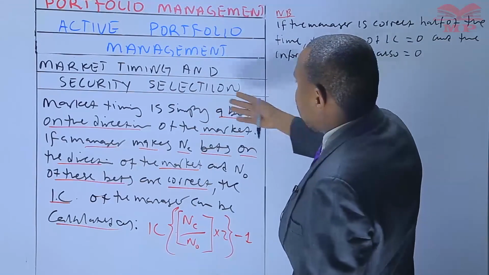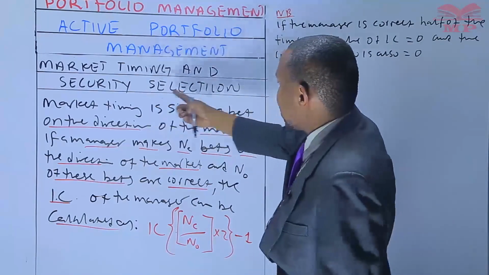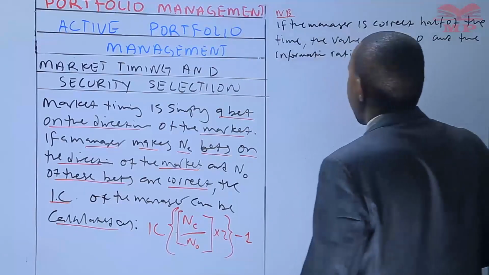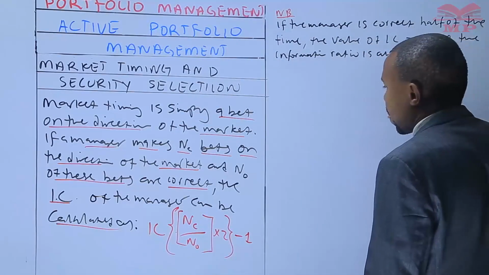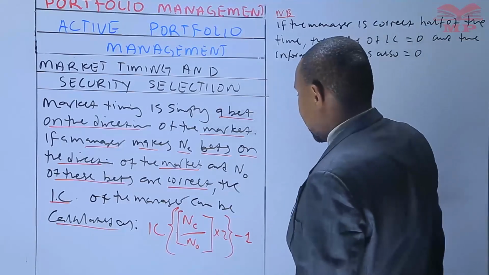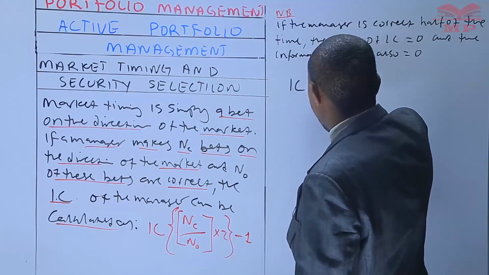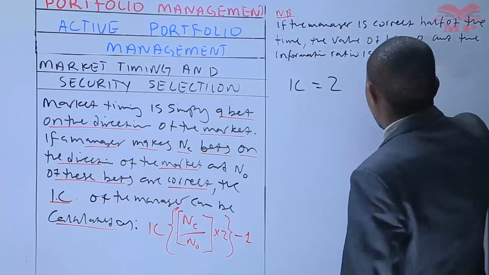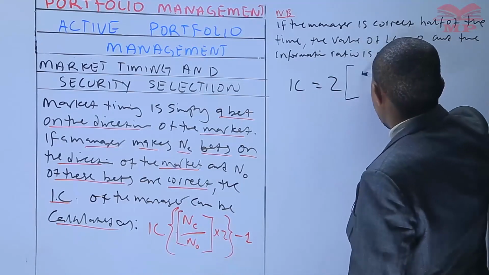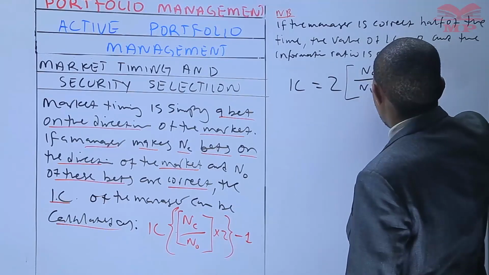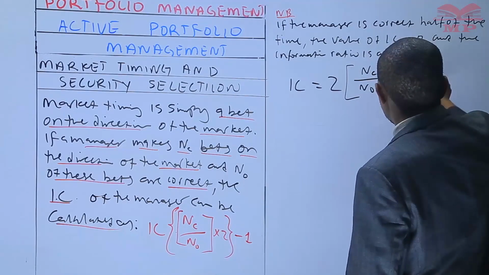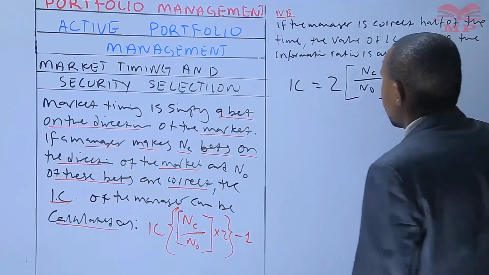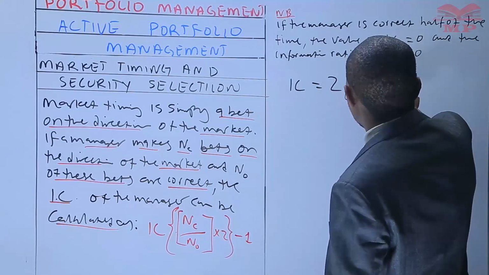So we are talking about market timing and security selection in relation to the breadth and the skill of the manager. We can see that the IC is given as 2 times NC over N not minus 1, rearranged for simplicity.